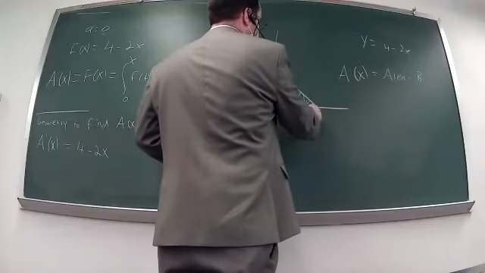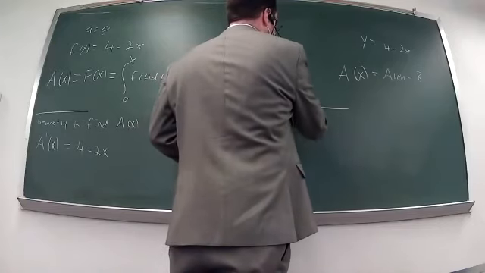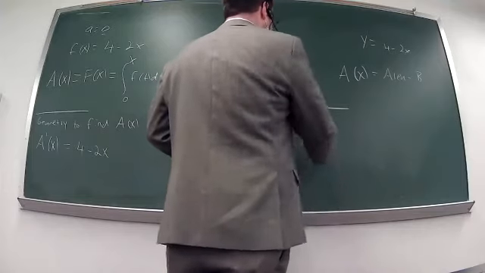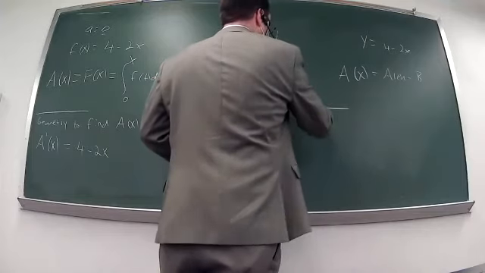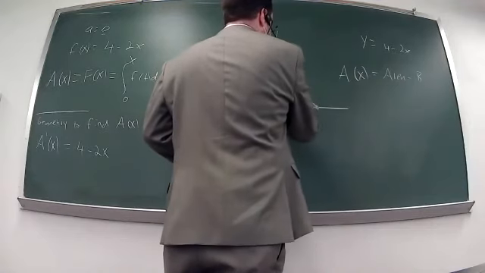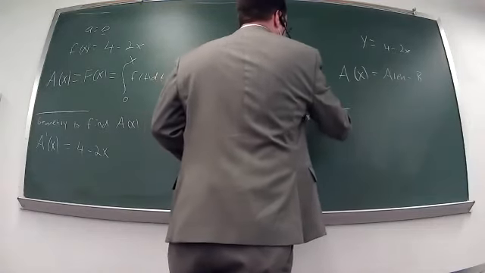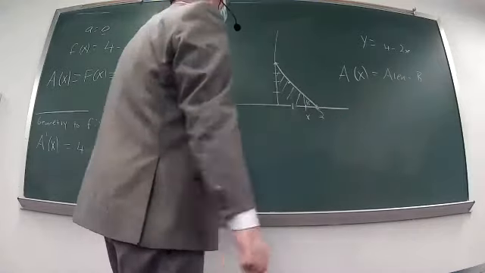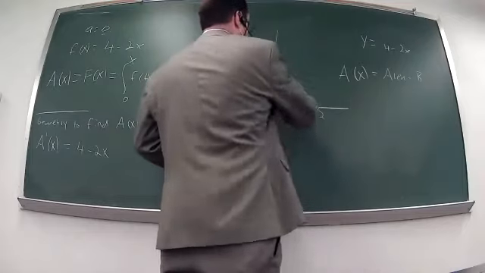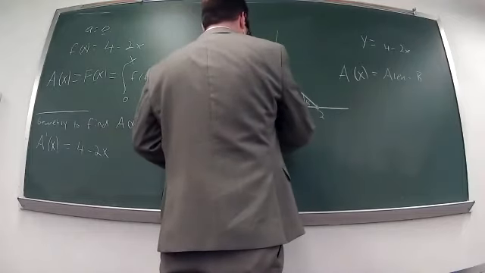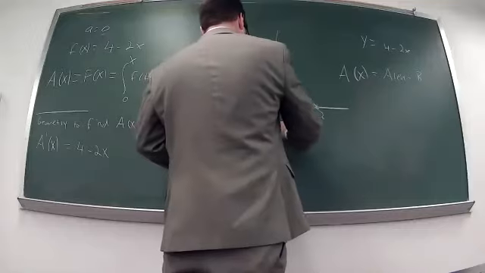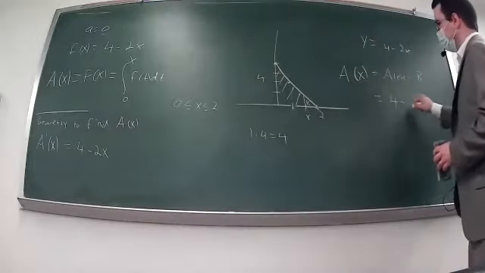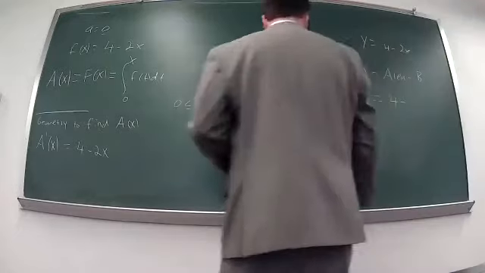The base is 0, 1, 2. Sorry, this is 0, 1, that's 2, and that was my little mark for point x. That wasn't part of the scale. So this has base equal to 2 and height equal to 4. Half of base times height is 1 times 4, so the area of the big triangle is equal to 4. Then you're subtracting the area of this small triangle.